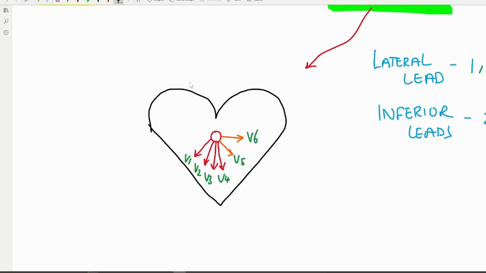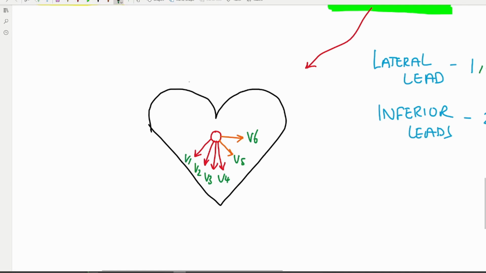There's a reason I've put V5 and V6 in another color than V1 to V4, because V1 to V4 is allocated to a specific direction, and V5 and V6 is allocated to another direction.